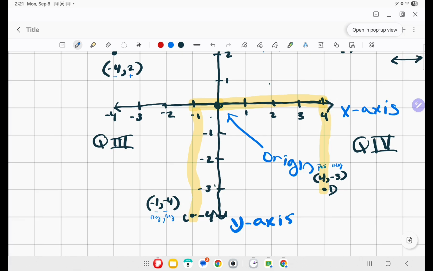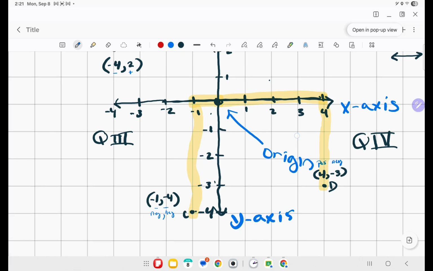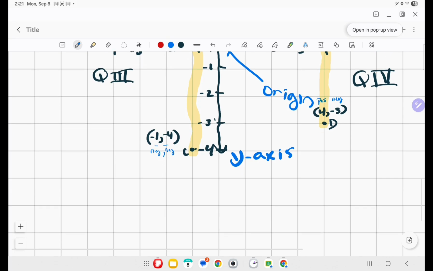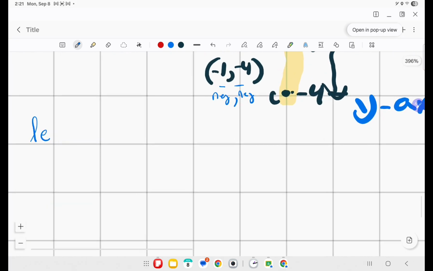Last part is this before we practice. Back on your paper now. Who knows what the term linear means? Line. Yeah, linear. It means you're dealing with a straight line, right?